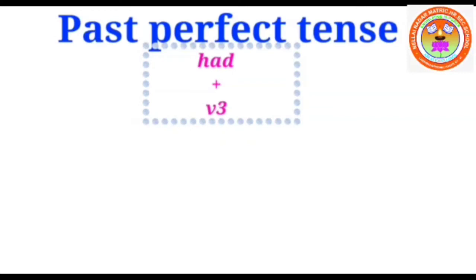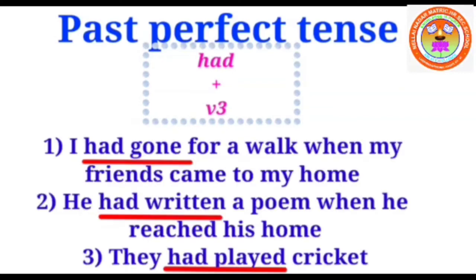For past tense we have to use had. So the structure is had plus V3. So had will denote your past, V3 will denote perfect. So past perfect. I had gone for a walk when my friends came to my home. Look at the verb had gone. Had past, gone V3. Past perfect.